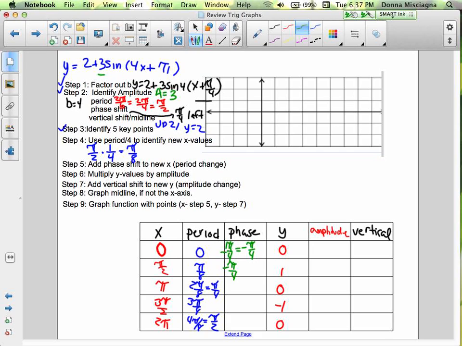Well, pi fourths is the same as 2 pi eighths. So pi eighths minus 2 pi eighths is going to be negative pi eighths. So notice these are going to keep increasing by pi eighths, because we're going up by pi eighths on the period. Pi fourths minus pi fourths will just be 0.